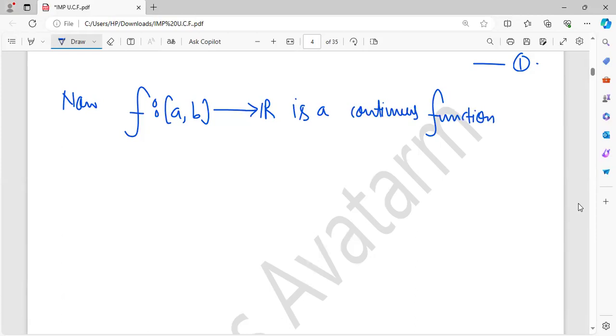Now you apply the Weierstrass approximation theorem. What does it say?